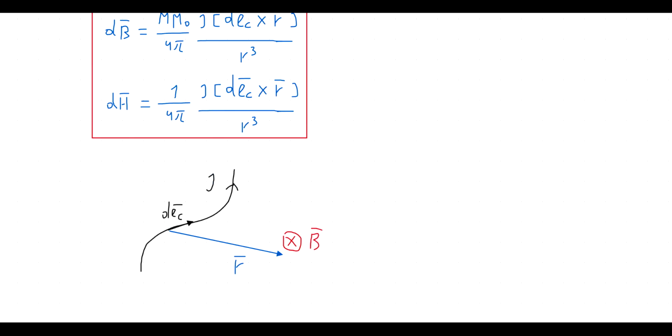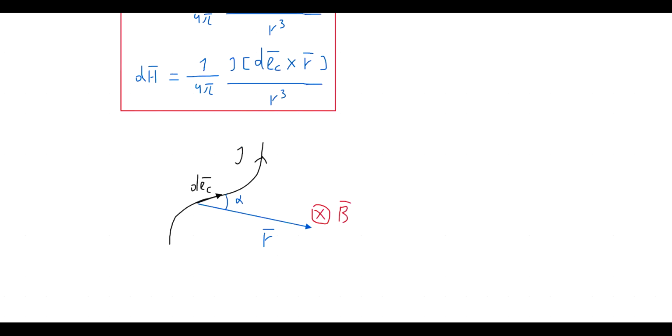Okay, here we can define the angle between these two vectors, this angle alpha, and the line of magnetic field. This is the line of magnetic field. It is always a closed line.